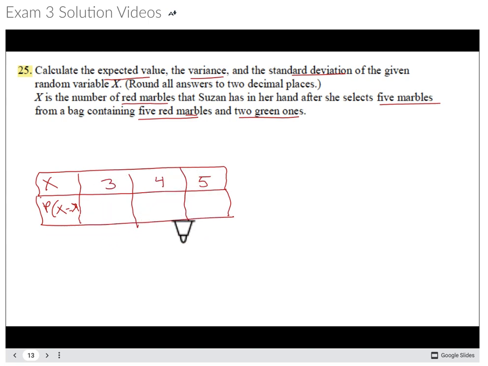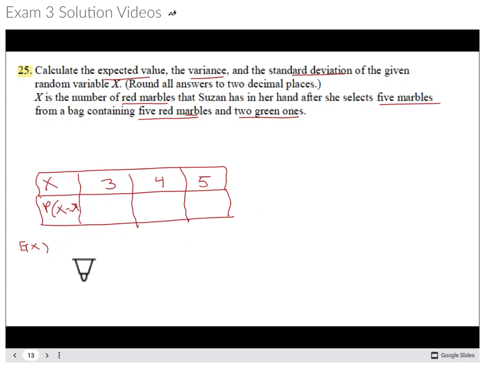We'll take these times each other, add them together, go to the expected value. Once we have the expected value, then we take each of these values, subtract that expected value, square it, and multiply it by the probability. That gives us the variance. And finally, we'll just take the square root.